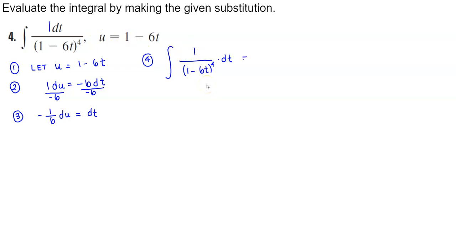So now we're going to go ahead and do our substitutions. We know that 1 minus 6t is what we said u is equal to. So therefore we have 1 over u to the 4th power. And then we also know that dt is equal to negative 1/6 du. So that's going to be times negative 1/6 du.